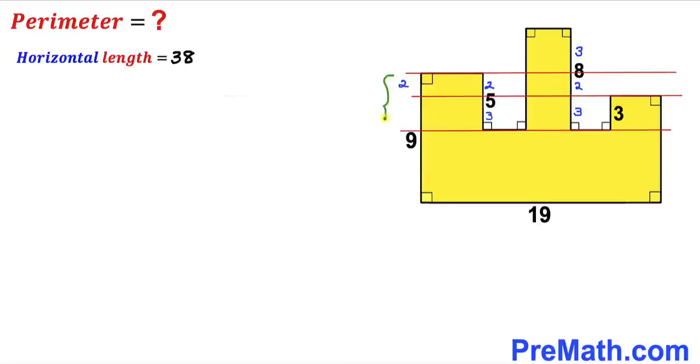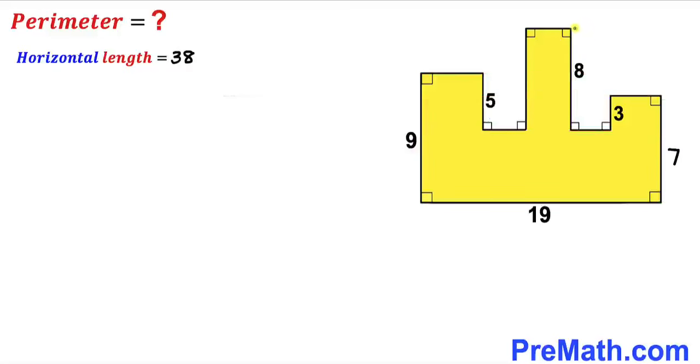We can see that this whole vertical length is 9 units, and we know this segment length is 2 units. So this remaining vertical length is 9 minus 2, which gives us 7 units. And now finally we can see that this right hand side vertical length is the same as this vertical length on the left hand side, and we know this length is 7 units. So this side length is going to be 7 units as well.